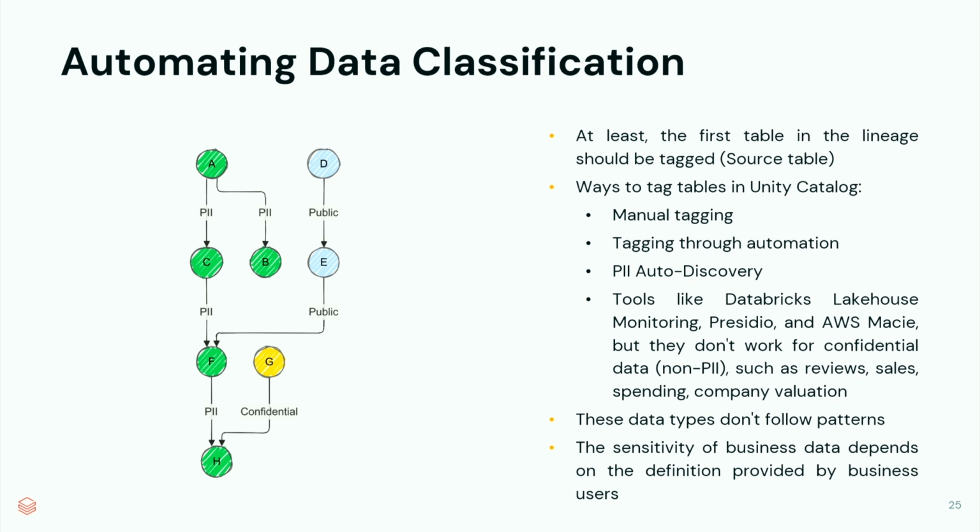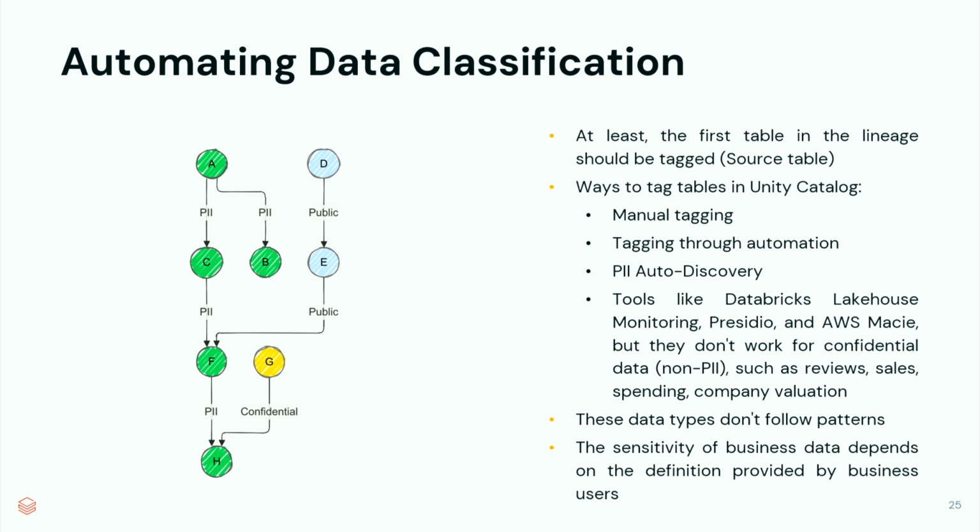So we can infer that C node and B node are PII because A is PII. Also, the E node is public because D also is public. And in this case, F is generated from C and E. But in this case, PII is more relevant than public.